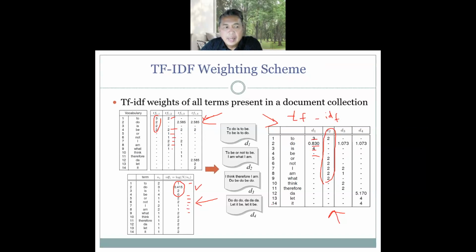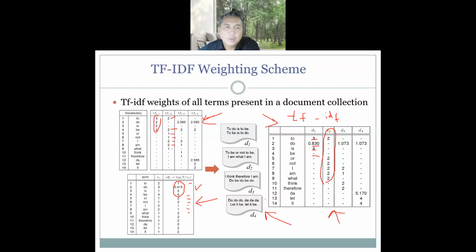Okay, but we also have to look at the length of the document. In this example, all documents have the same length. But in some cases, we have a document that is longer compared to the other documents.